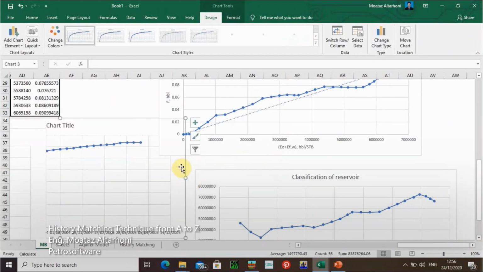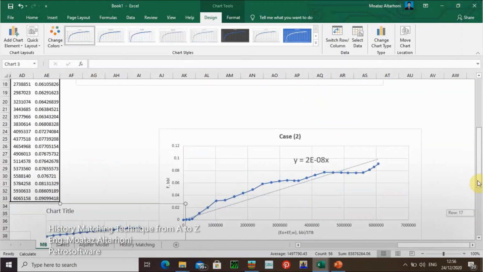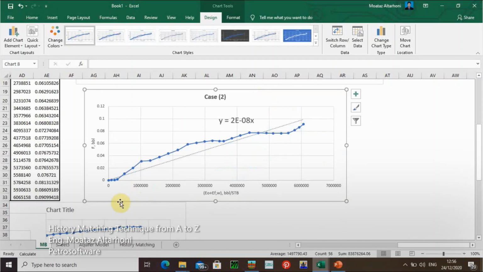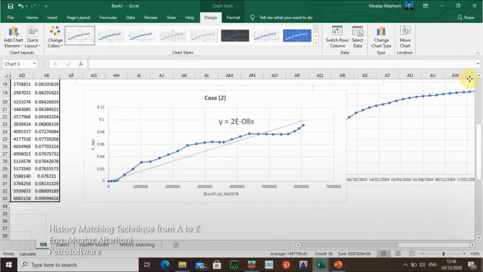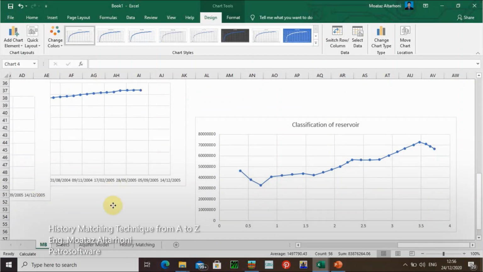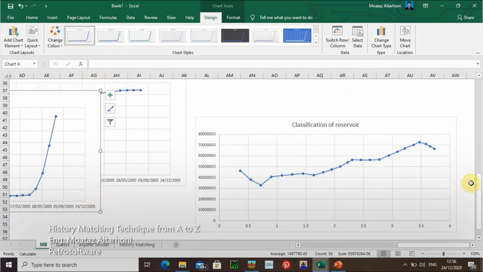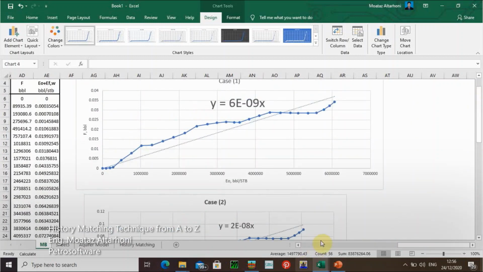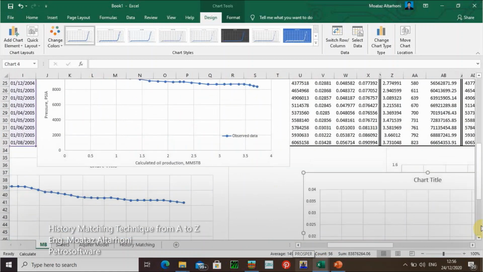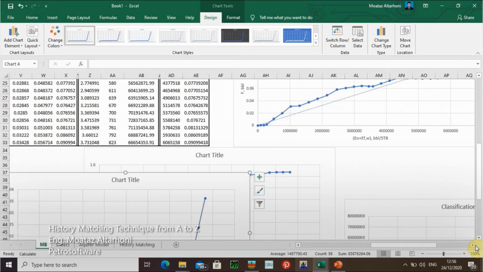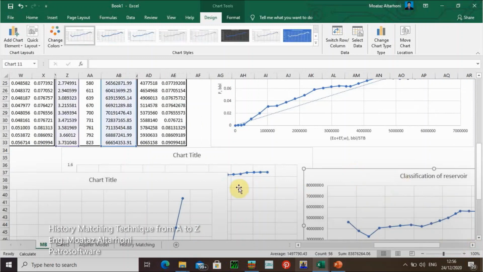No, here's the next one. This is case 1, case 2. No, this is the pressure, so I'm looking for the classification. Yes, this one.